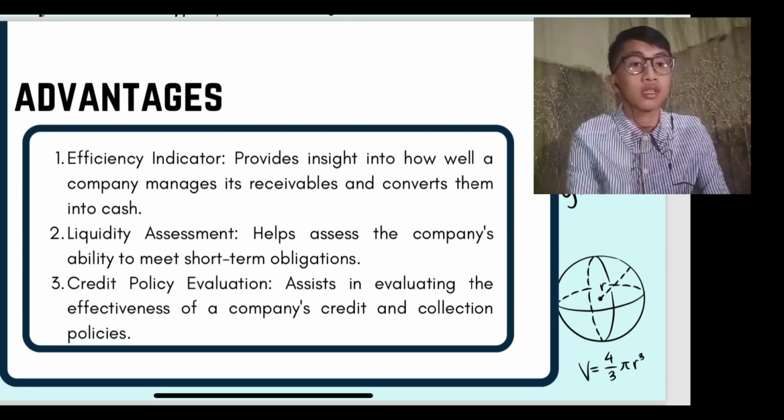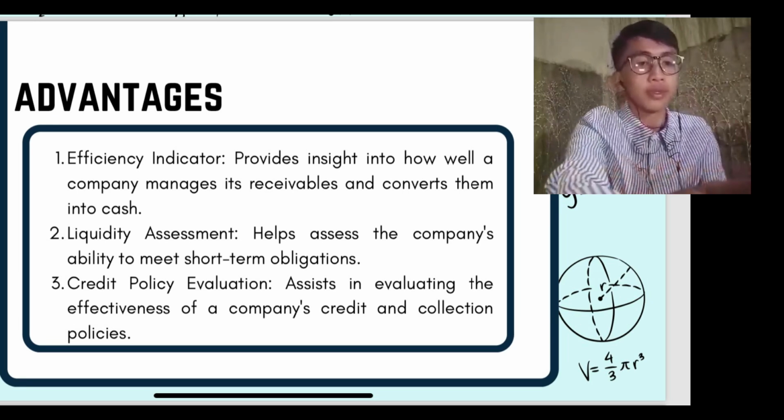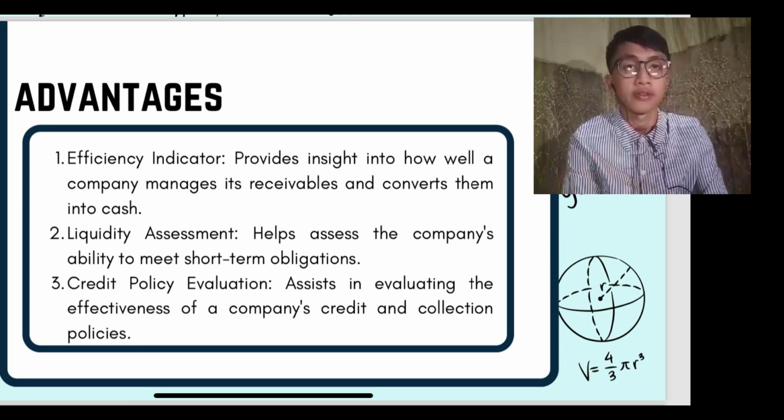This assists in evaluating the effectiveness of a company's credit and collection policies. Basically, this ratio helps analyze how well the company sets and enforces its credit rules, like how much credit to give customers and how fast they should pay.